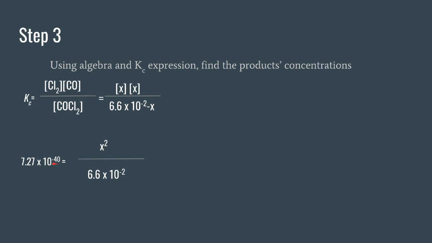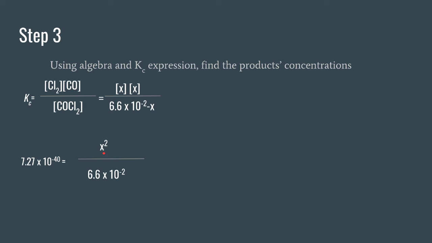And so what we do, we can multiply this side by 6.6 times 10 to the negative 2 to get rid of the divisor here. But since we multiply it on this side, we have to multiply it on this side as well. So what we're going to do is multiply 7.27 times 10 to the negative 40, which gives us x squared.